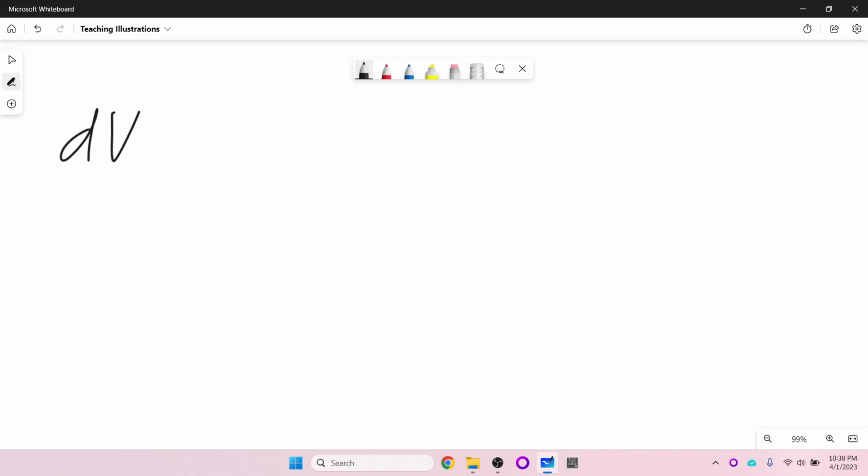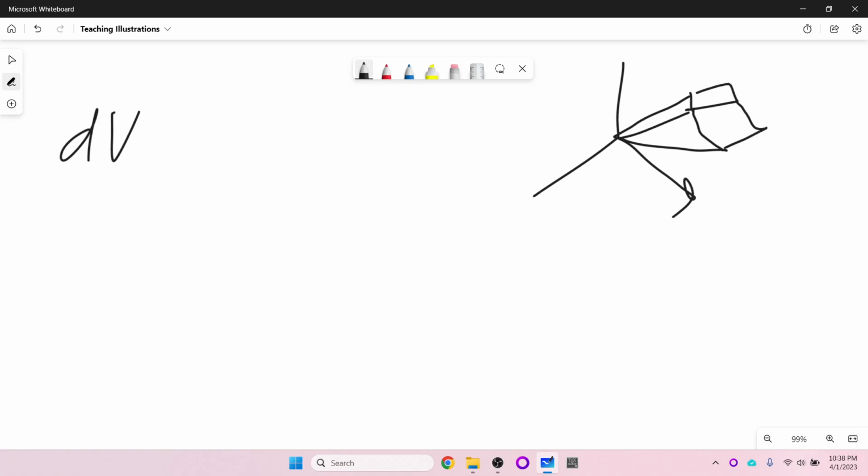As we've seen with polar and cylindrical, we have an extra little multiplier that has to come along. And if you're looking at the notes, there is a picture that looks really weird. It's like some sort of wedge that's in 3D.